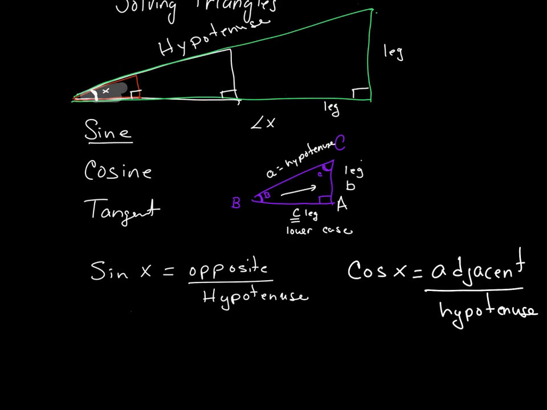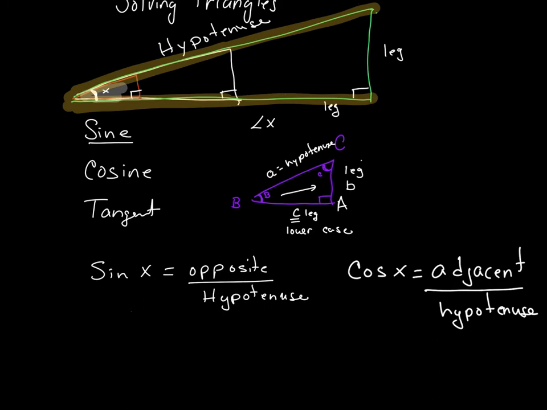So if I look back at my triangle, I can see that in relationship to angle x, this side right here is the adjacent side, and the hypotenuse is this side. And that's true whether it's for the red triangle, the one in the middle, or the outside green triangle. It would cover the entire thing. All of those ratios would be the same.